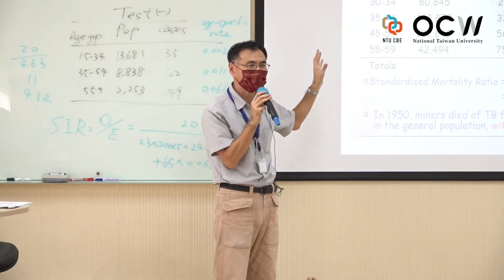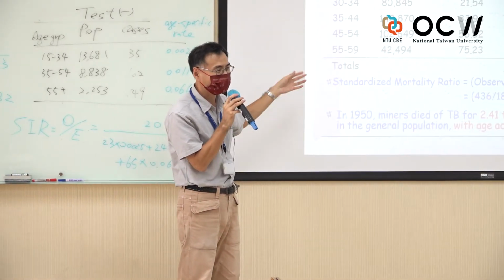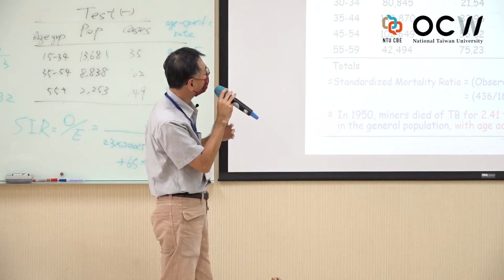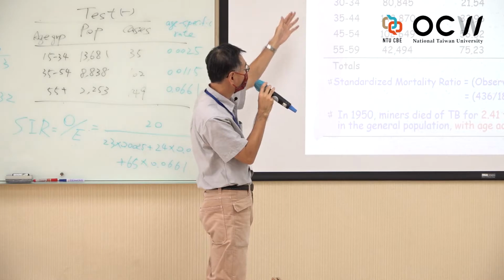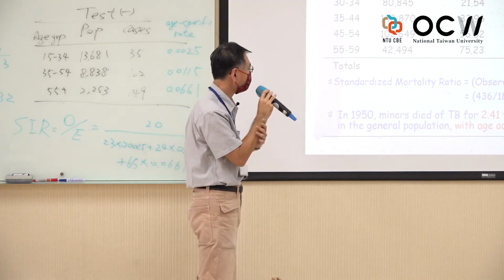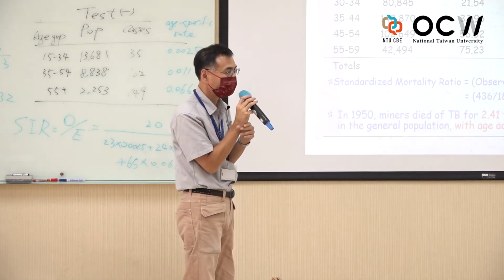So we don't need to worry about the confounding from gender. But age is still an issue here. So now we look at the information of the age structure for miners from 20 to 24 up to 50 to 59. Ignore the age group older than 60. So we have a couple of 100,000 people here.